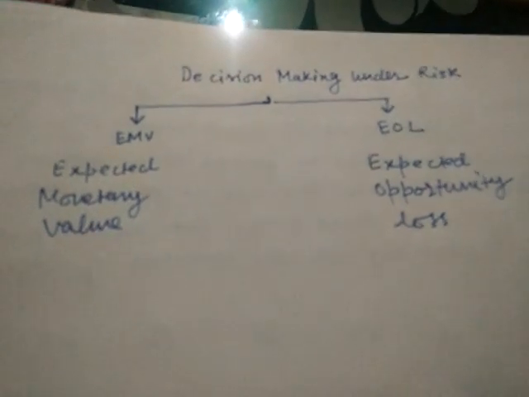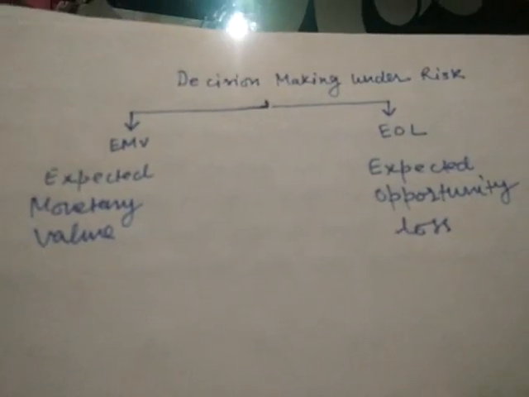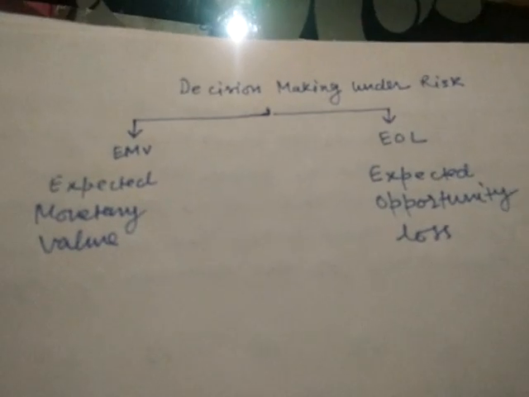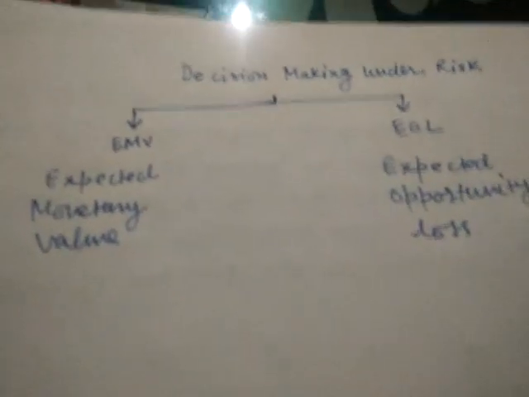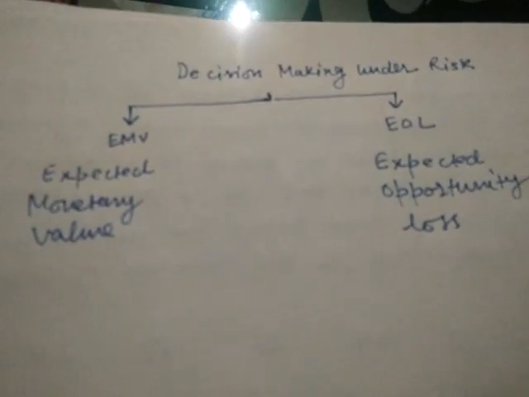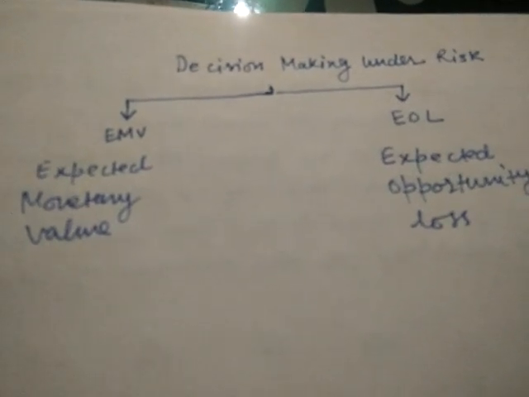Now, first understand how decision making under risk is a different situation from decision making under uncertainty. We have discussed this earlier, but here is a quick recap.